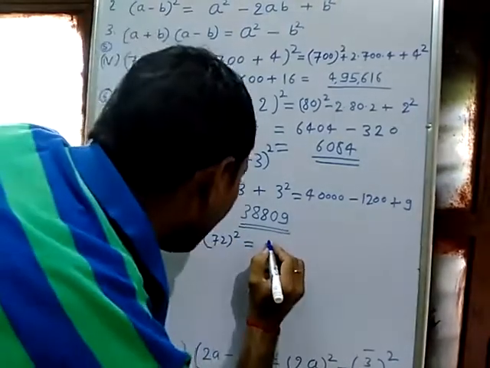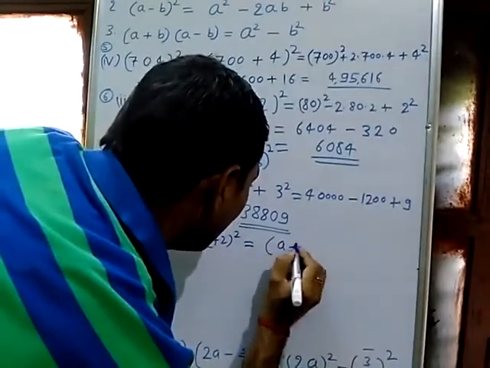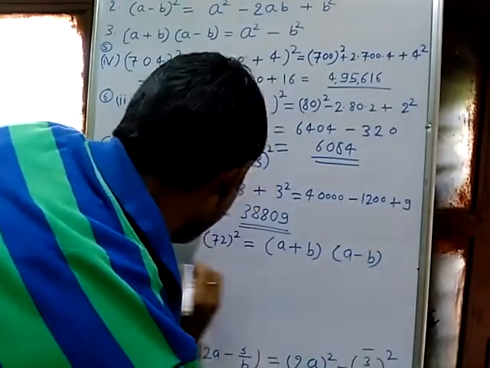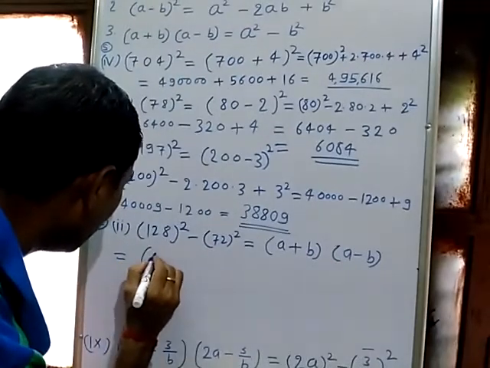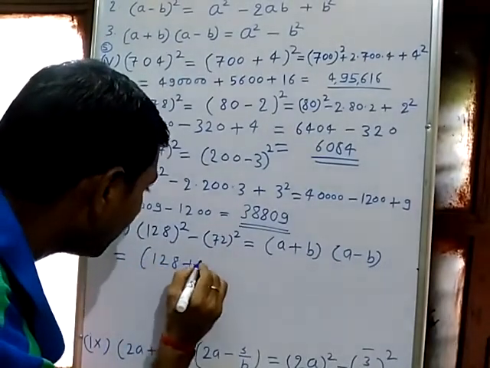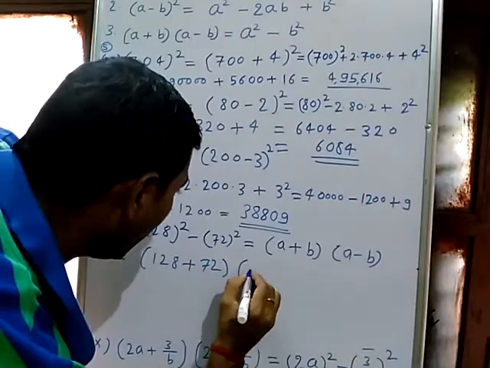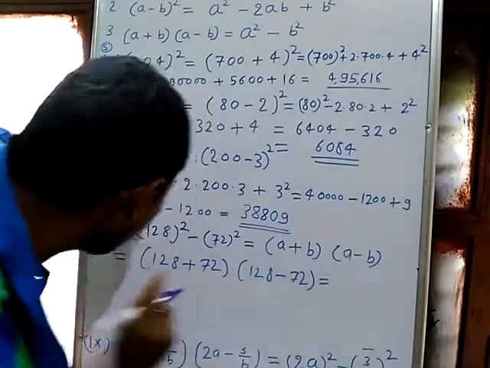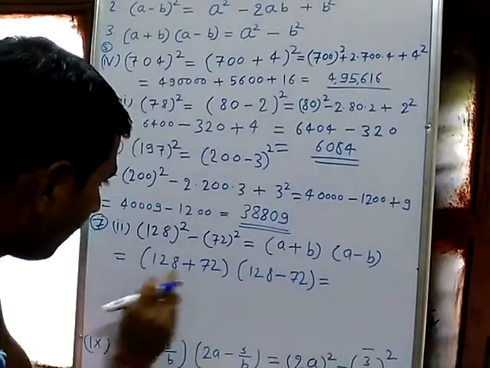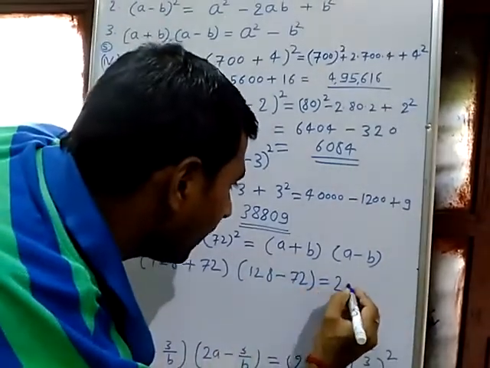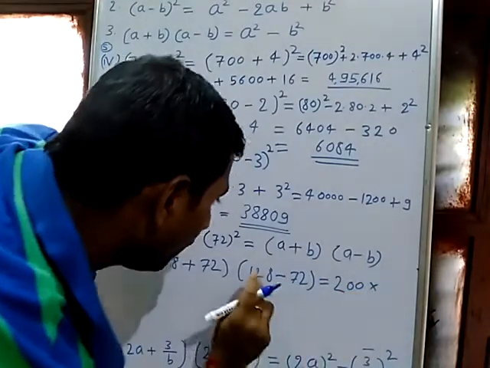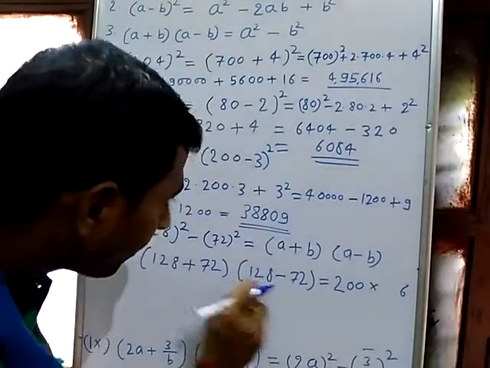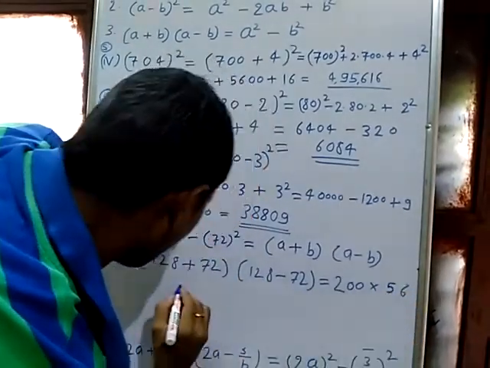According to that, a is 128 and b is 72. So 128 plus 72, how much? 200. Correct now? Into 128 minus 72, how much? 6, then 5, 56. Multiply. How much did you find?